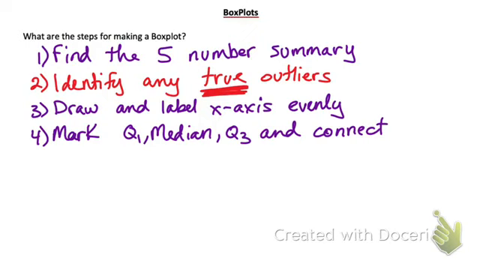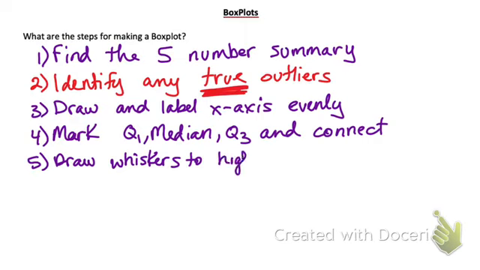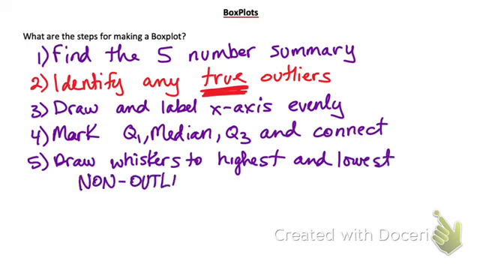Then we're going to draw whiskers to the highest and lowest non-outlier value. Again, I know you have to figure out how to identify outliers. We will do that.